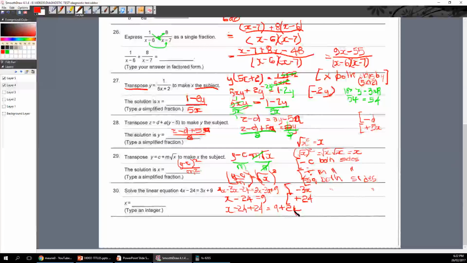And then we get x, minus 24 plus 24, 0, equals 9 plus 24 is 33. X equals 33. And this question, question 30, was the most popular question.